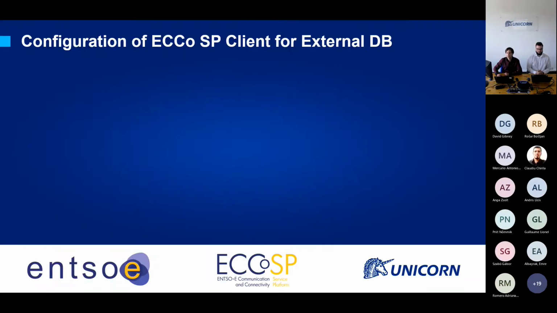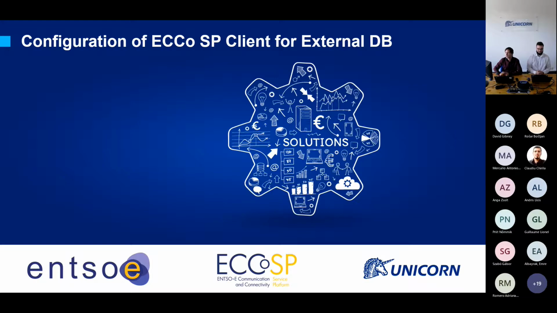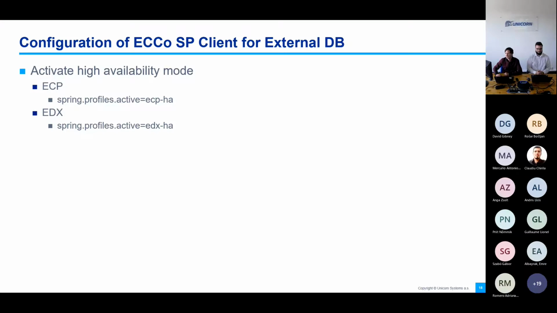So let's take a look at the configuration of the ECCo client. We will begin with the external database. The first thing you need to do is configure the ECP properties and EDX properties file and change the value for Spring profiles active from ECP-non-HA to ECP-HA for the ECP endpoint, and for the EDX toolbox, change it to EDX-HA.